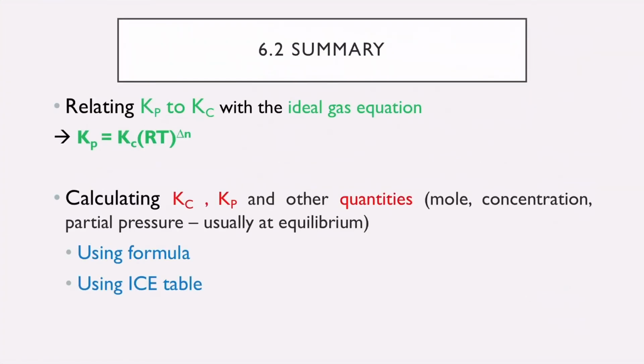So we're going to summarize. So what we learned just now, we learned how to relate Kp to Kc with the ideal gas equation. So you get this equation. So remember how to derive it in case there's that question in the exam. And then you learn how to calculate Kc, Kp and other quantities like mole, concentration, partial pressure at equilibrium, right?